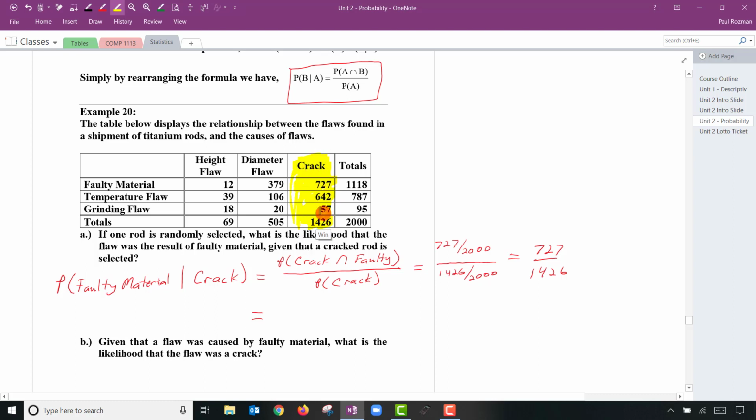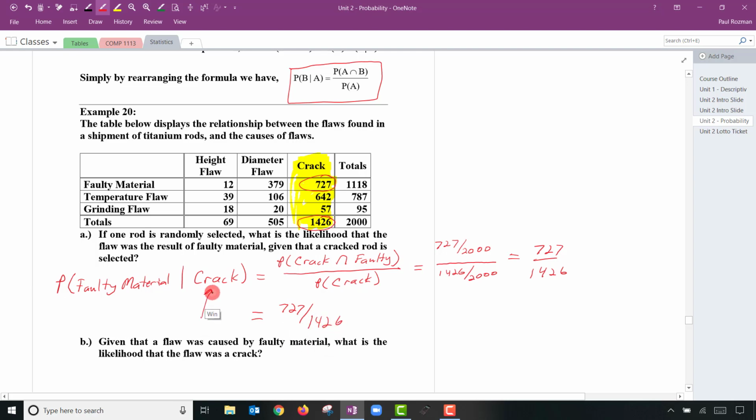I'm in the group of cracked values. What are the chances that it's faulty? Well, there are 727 that are faulty in the cracked category. So I'm just going to look at the ratio there. It's 727 out of 1426.